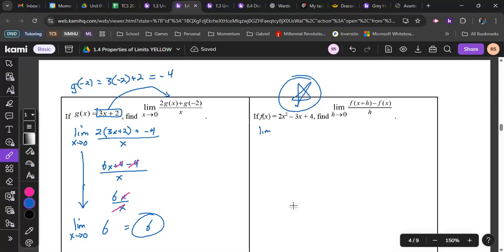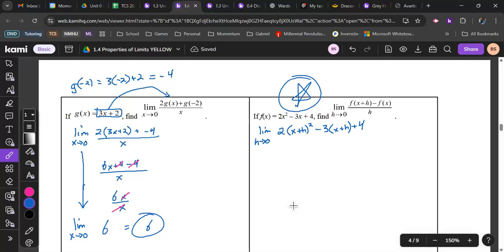Okay, so the limit as h approaches 0 of f of x plus h, that's a composition of functions. So everywhere in f of x, I'm going to replace with x plus h. So this would become 2 times x plus h squared minus 3 times x plus h plus 4, because I'm just literally taking these two x's and changing them for x plus h, right?